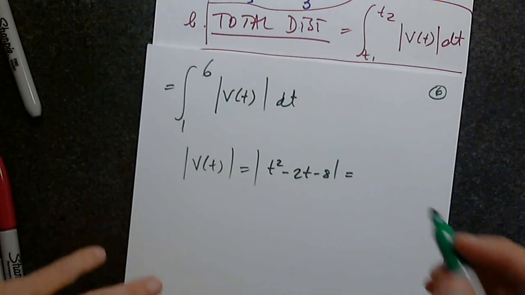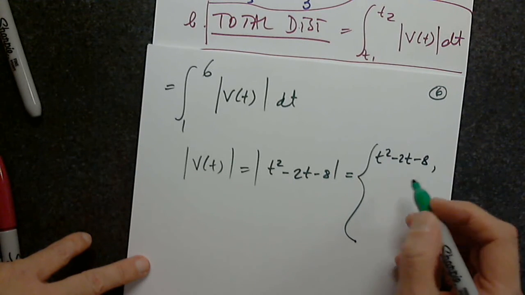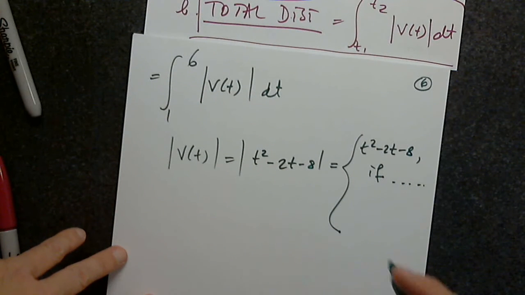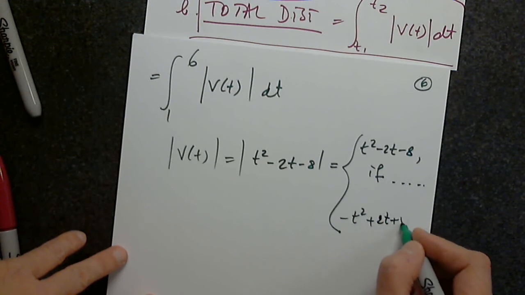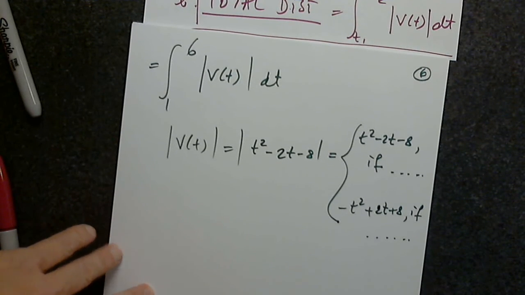All absolute values have two options. One for t squared minus 2t minus 8 if, and you'll tell me what, and the other option as negative t squared plus 2t plus 8 if something else. If what?